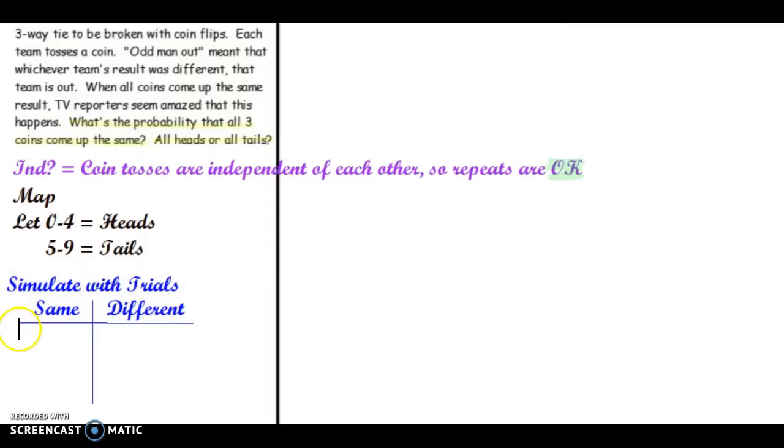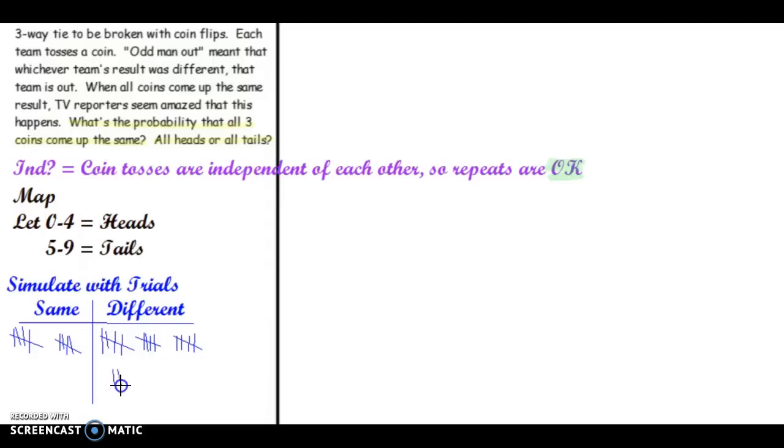But now what you want to do is make tally marks. So let's say that what we ended up with was the 3 coins ended up being the same 10 times, and they were different 20 times.